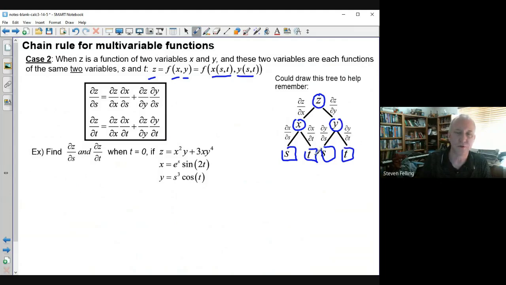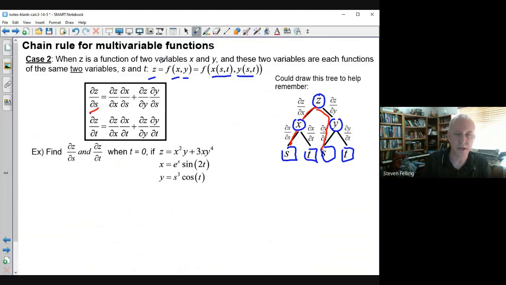So all these derivatives would be partial, but that means that if you want to take the derivative of z with respect to s, then we're going to go down the paths that lead to s. So we're going to have to take partial z partial x times partial x partial s, and then add on partial z partial y times partial y partial s, right?